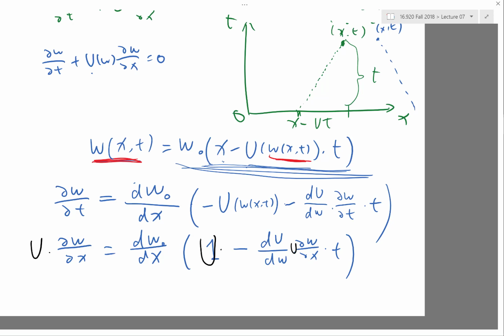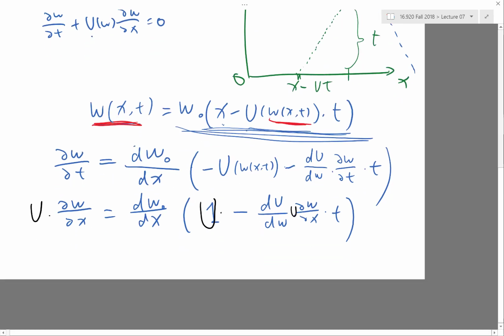So what you end up with is the differential equation on the left hand side, equal to the differential equation multiplied by something else on the right hand side. As long as du dw times t times dw0 dx is not equal to 1, the differential equation should be satisfied.